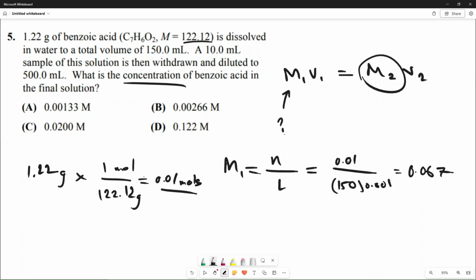Okay. So now you can just plug and chug, right? So you have 0.067. I think it's easier if I do it down here. Times V1, which is 10 milliliters, is equal to M2 times V2, which is 500 milliliters.